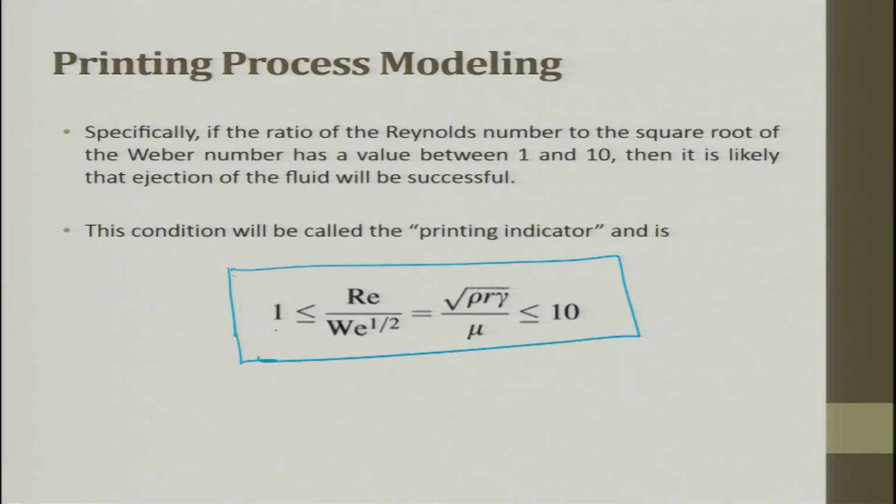So, you will have 1 less than or equal to Reynolds number over root of Weber number, which is equal to root of rho r gamma by mu, which is again less than or equal to 10.